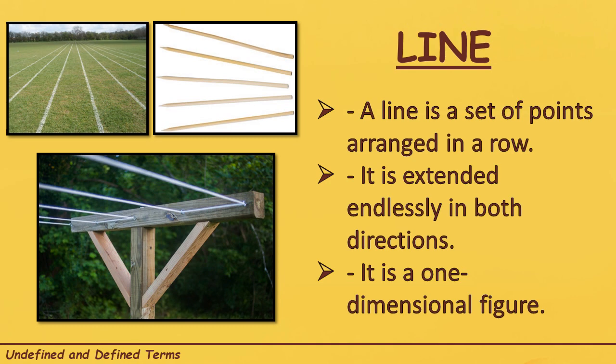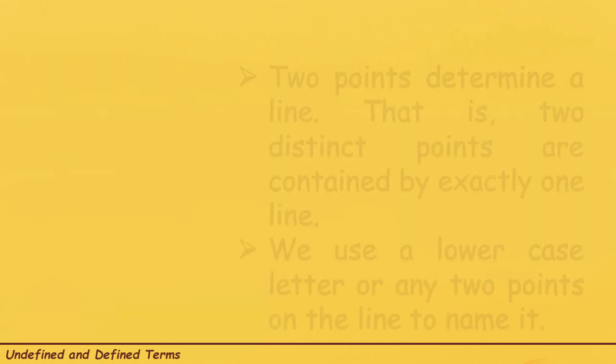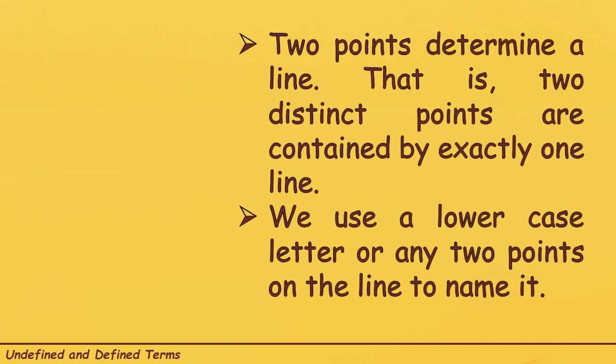It is a one-dimensional figure. Two points determine a line. That is, two distinct points are contained by exactly one line. We use a lowercase letter or any 2 points on the line to name it.